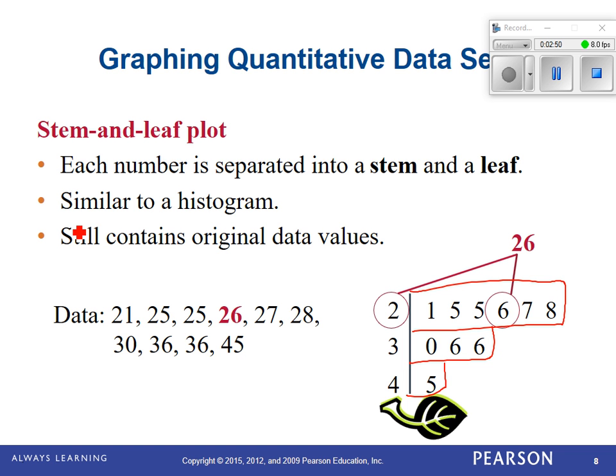The difference is that in a histogram you can't tell what each piece of data was. In the stem and leaf plot you can still tell exactly, hey, Katie's score was this. You might not know each person's score, but you know all the scores.